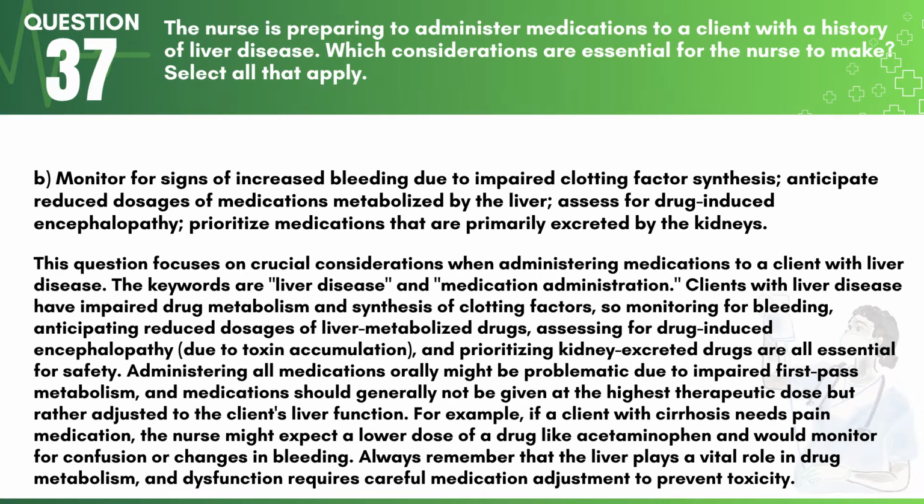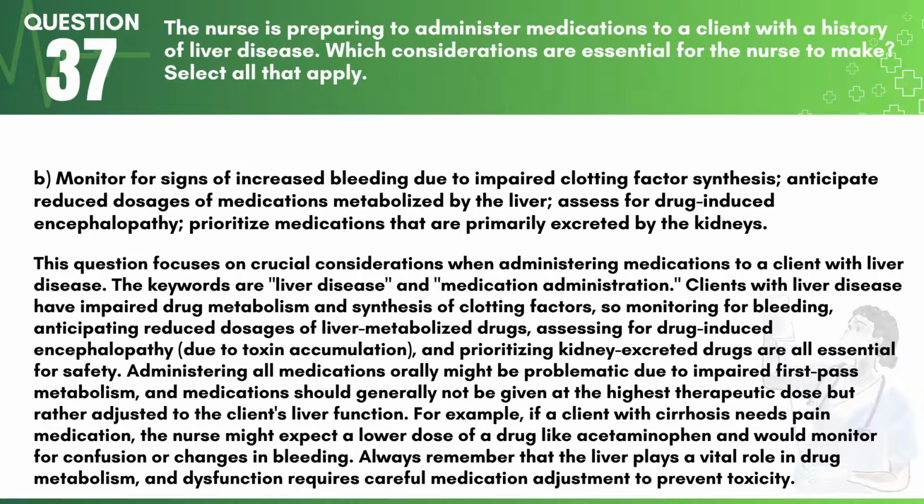Answer. Monitor for signs of increased bleeding due to impaired clotting factor synthesis, anticipate reduced dosages of medications metabolized by the liver, assess for drug-induced encephalopathy, prioritize medications that are primarily excreted by the kidneys. This question focuses on crucial considerations when administering medications to a client with liver disease.